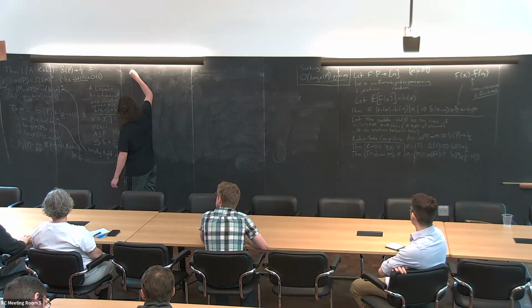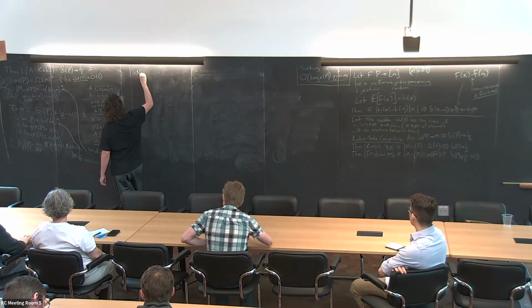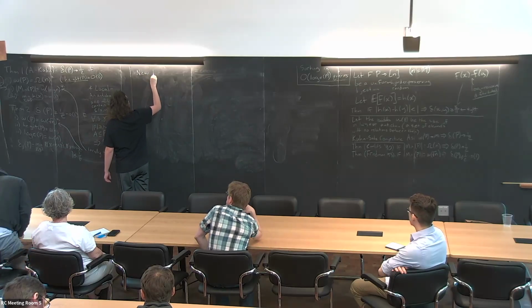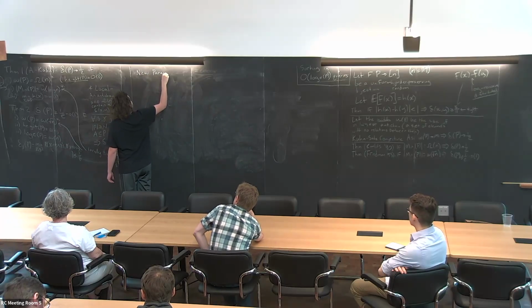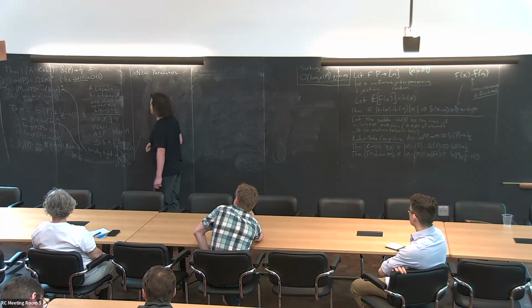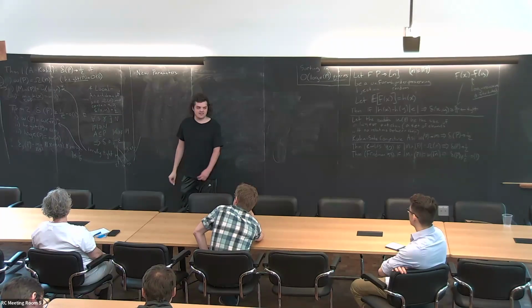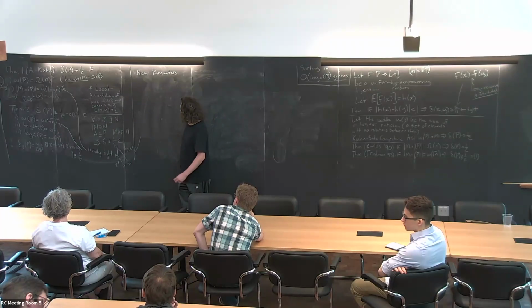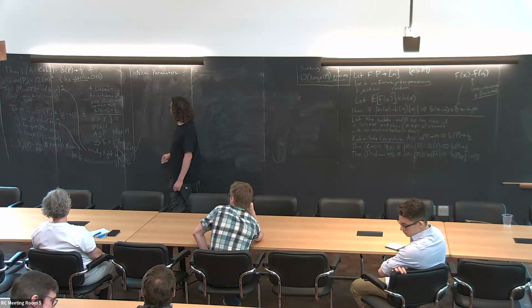Okay, so I'm going to introduce a couple of new parameters. When I say new, I think these are all from Jeff's notes from the 90s, but I don't think he's ever published anything with them until now.